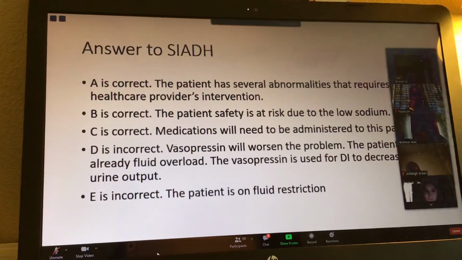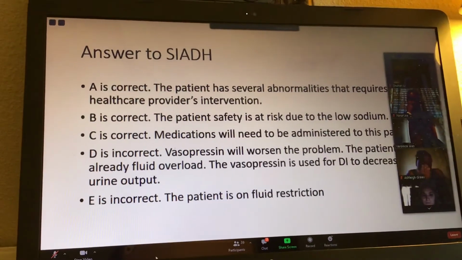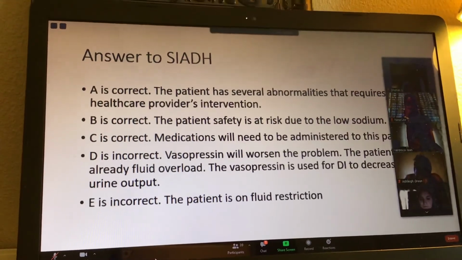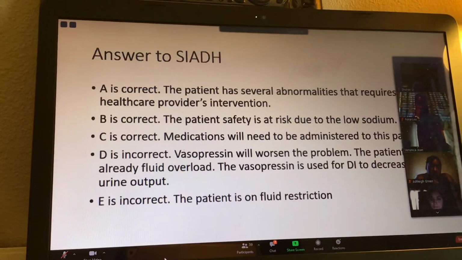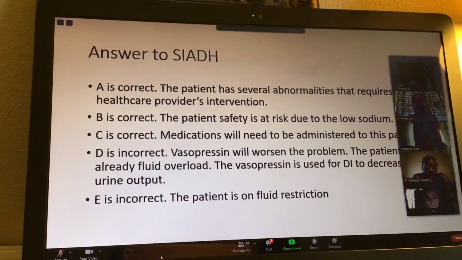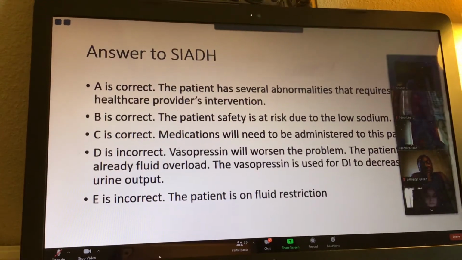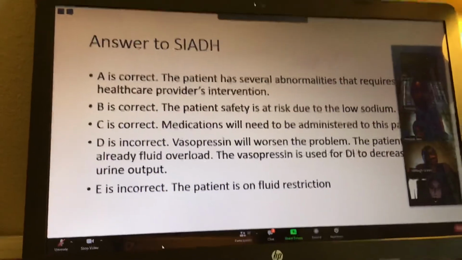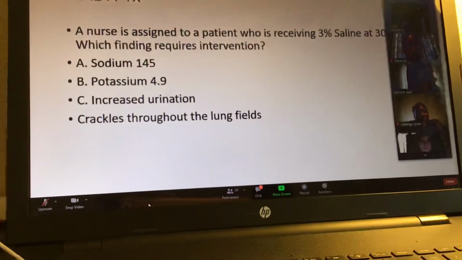It does have a low sodium. Your medications will need to be administered to this patient. And the reason D is incorrect is it would worsen your problem. And E is incorrect because this patient is on fluid restriction, right? Let's look at the next one.